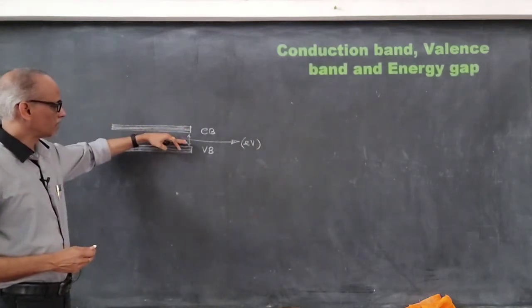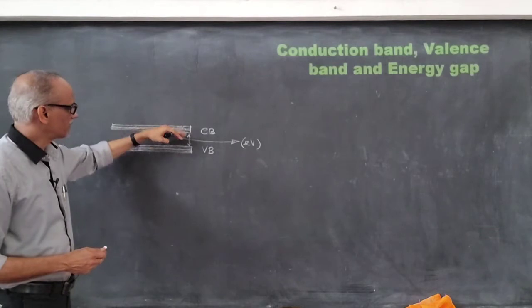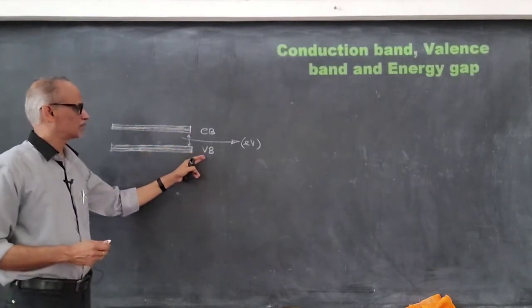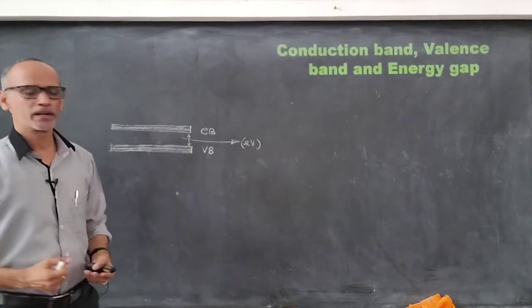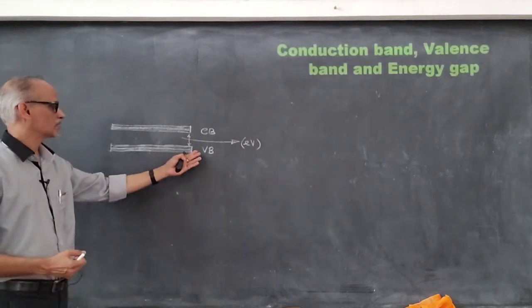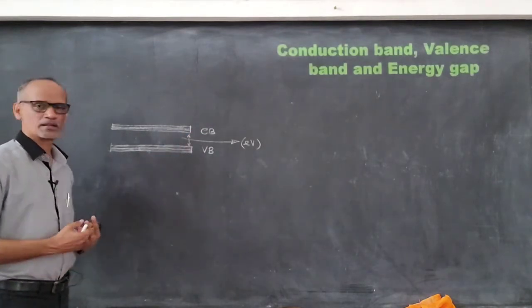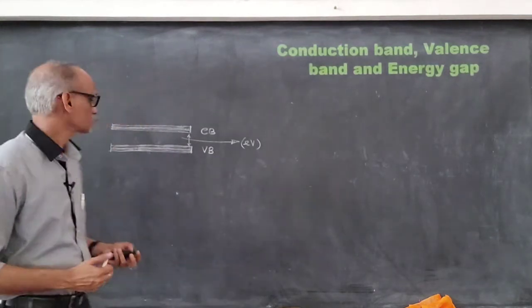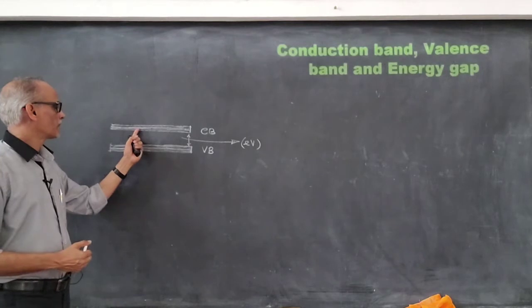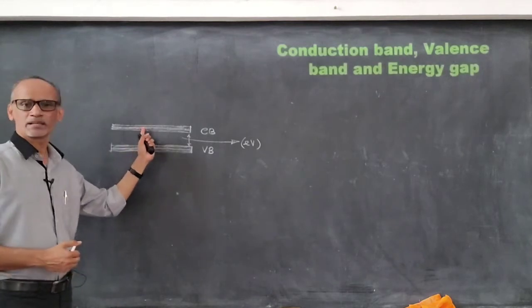The greater the energy gap, the more difficult it is for the electron to move from the valence band to the conduction band, because we have to provide more energy so that the electrons from the valence band reach the conduction band. And the conductivity of a substance depends on the number of electrons present in the conduction band.